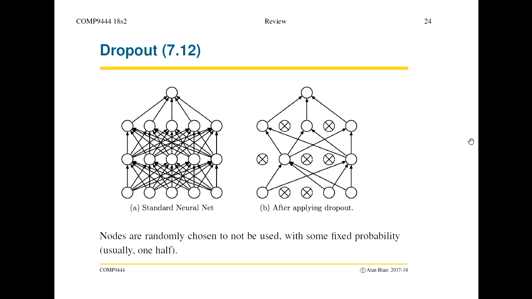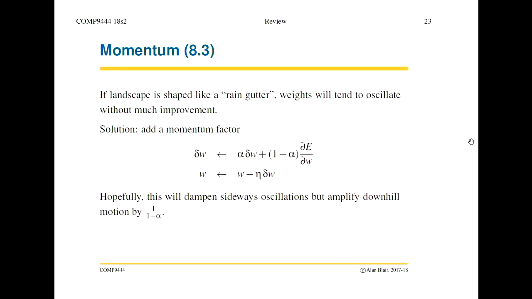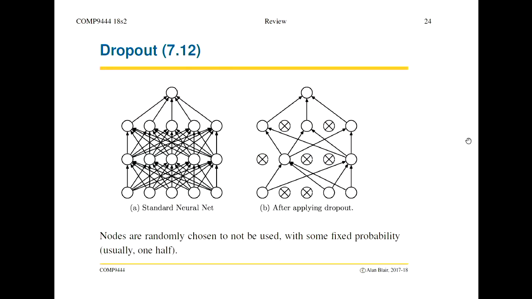Okay, we also looked at dropout. Weight decay can be seen as a way of trying to avoid overfitting. Dropout also tries to avoid overfitting.